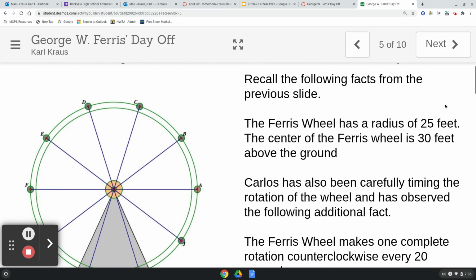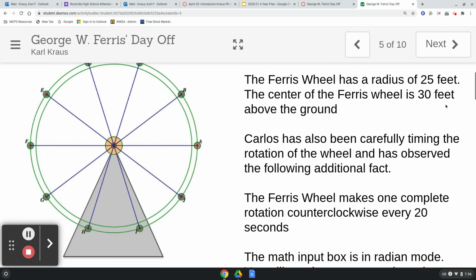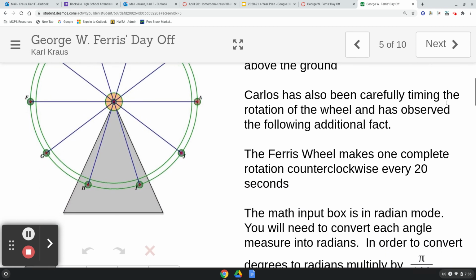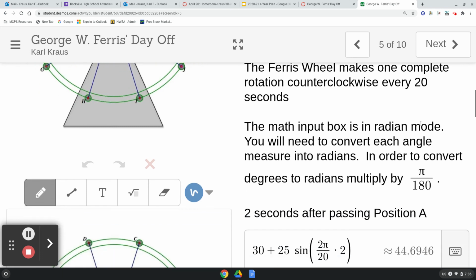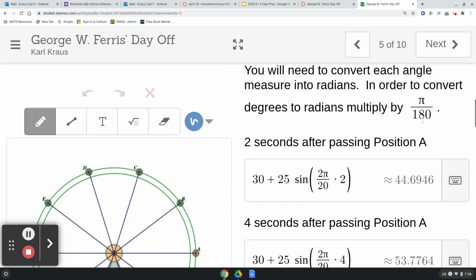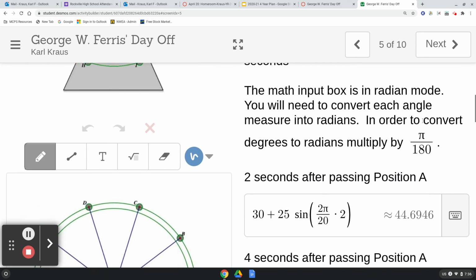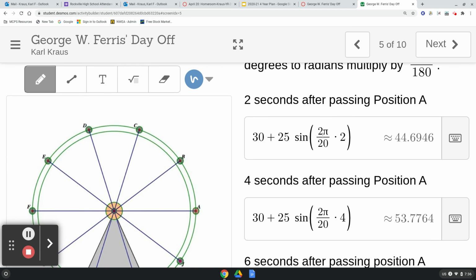All right, so here, the only thing we're changing is Carlos observes that it takes 20 seconds for the wheel to go around. So 2 seconds after passing position A, I know the whole way around the circle is 2 pi, so the Ferris wheel is rotating at 2 pi over 20 seconds.